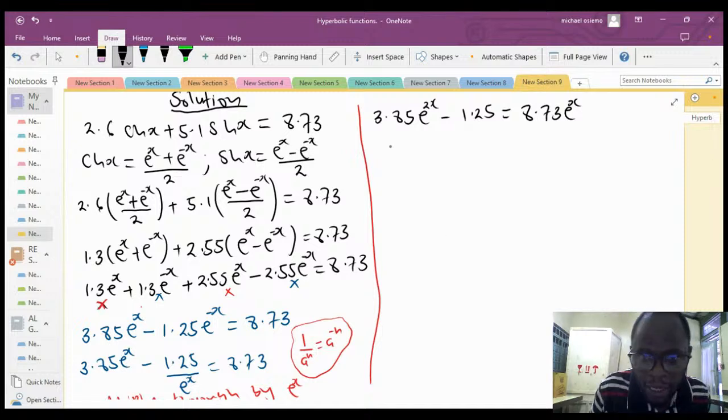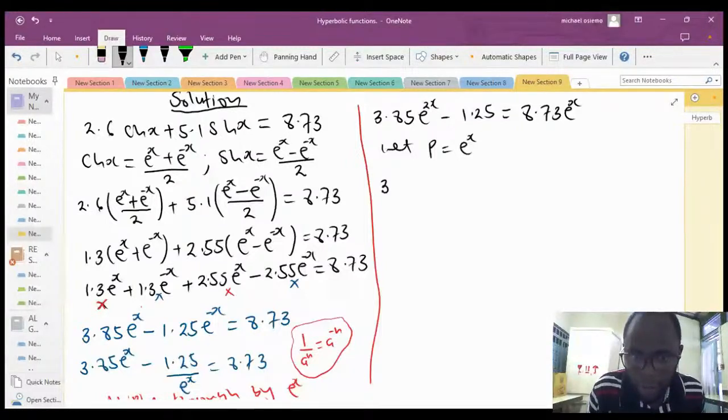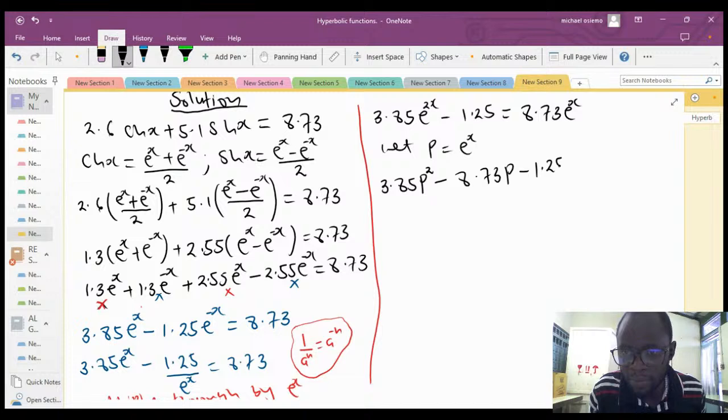So if I let p be equal to exponential x, then I'm going to have 3.85 p squared. I can bring this one to the other side to have minus 8.73 p, then minus 1.25, and this is equal to 0.